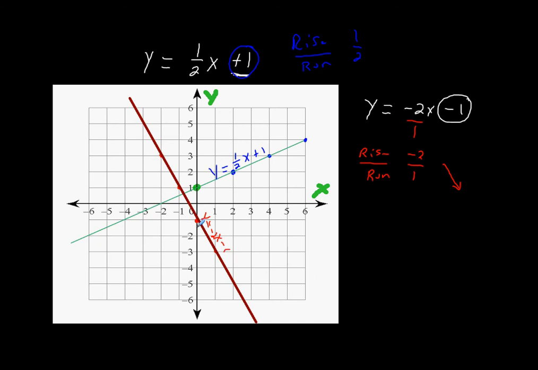Notice it crosses the y-axis at negative 1, and we go down 2 over 1 or up 2 over 1, making a negative slope. Remember, when you've got a positive slope, you would do the same thing, but you'd go up and over in the opposite direction, making sure that the line has an increasing slope to it. So keep that in mind when you're graphing slope-intercept formulas.